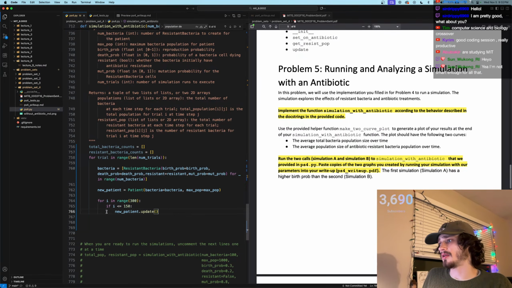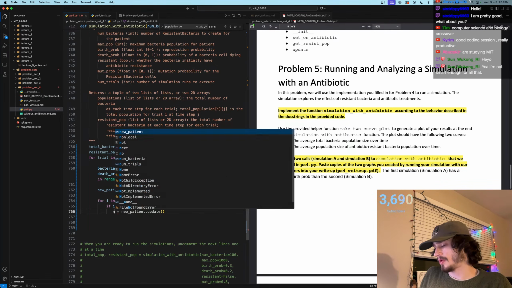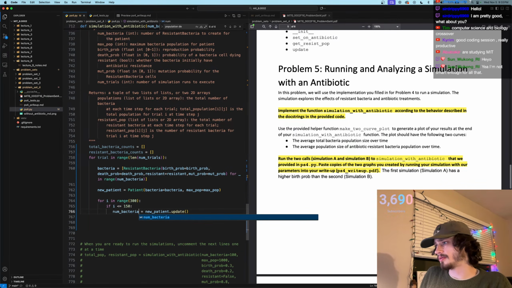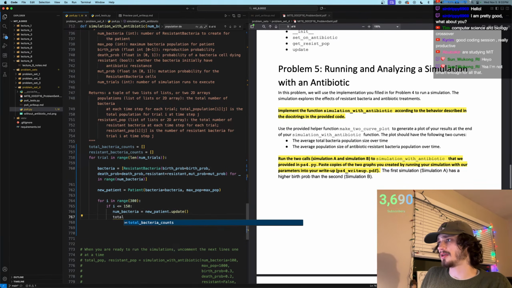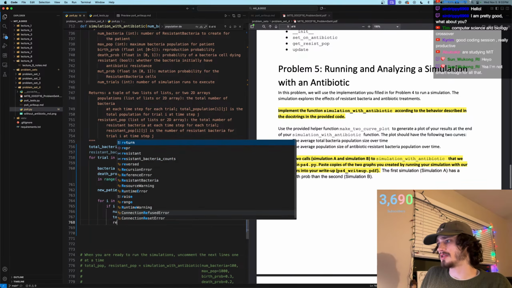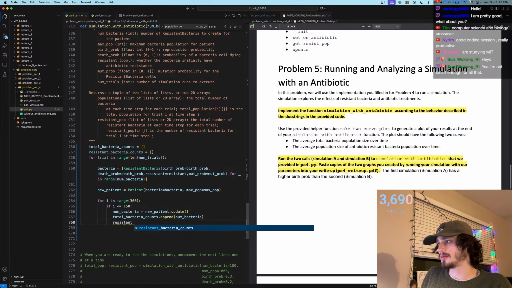So we'll say this is equal to the number of bacteria. And we're going to call total bacteria counts dot append the number of bacteria. We're going to call resistant bacteria counts dot append 0.